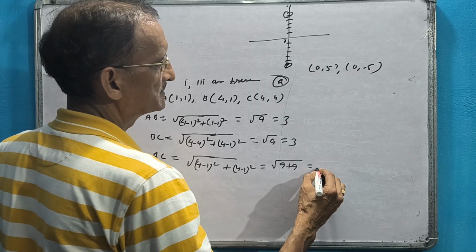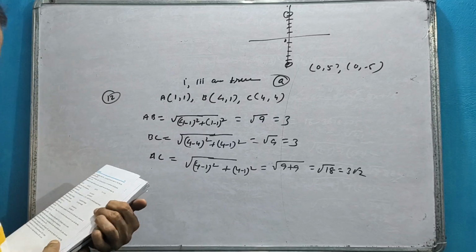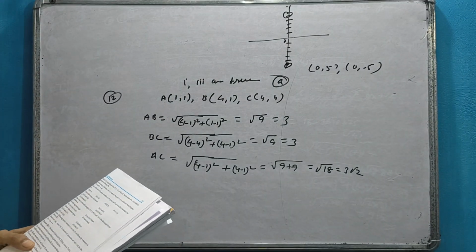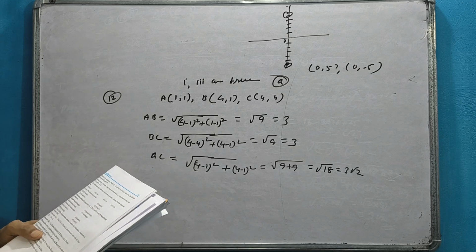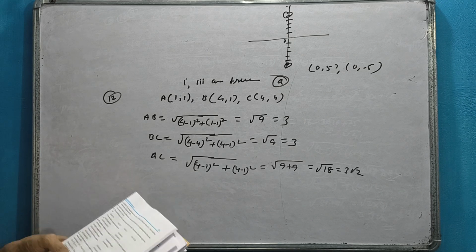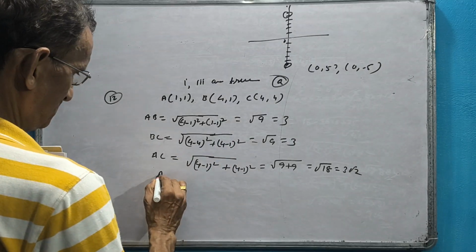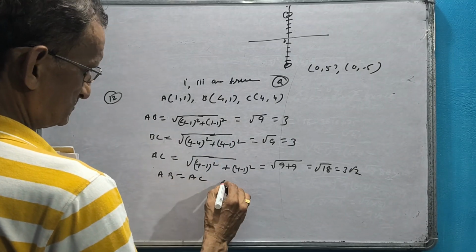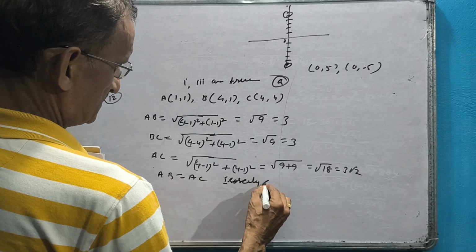You can write root 18 or you can write 3 root 2. So whatever triangle this is, it can be isosceles, no? AB equal to BC, so it will be an isosceles triangle.